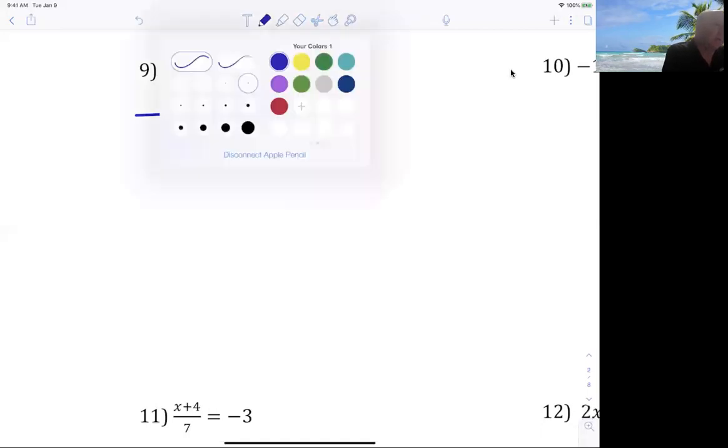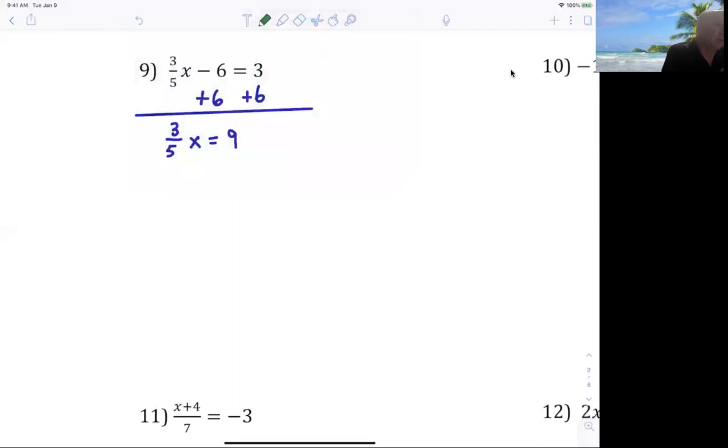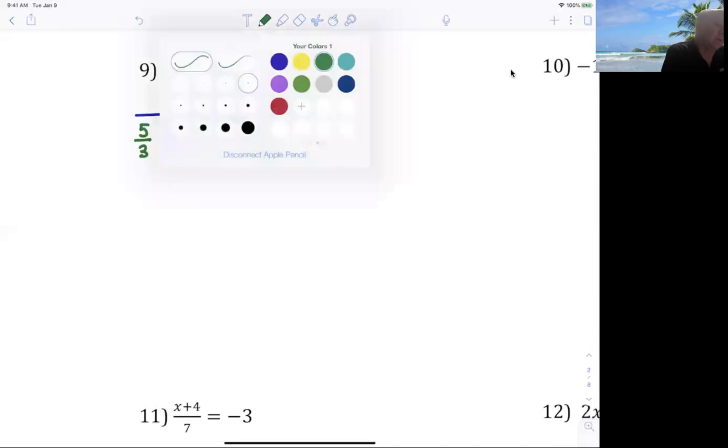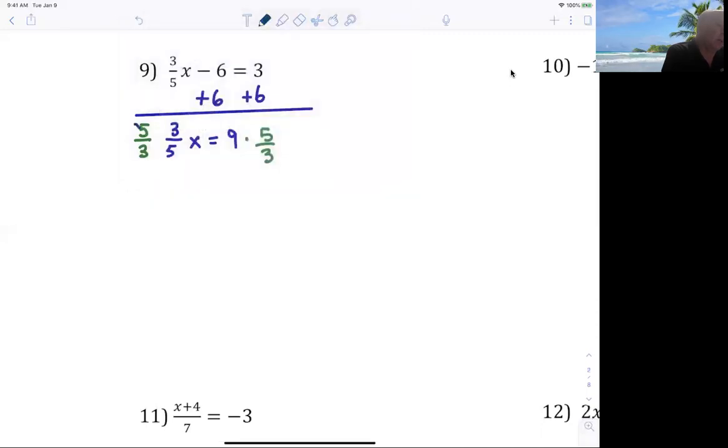Now, I'm going to multiply by the reciprocal, 5 over 3. The reason I'm doing that is because the 5 cancels, the 3 cancels.